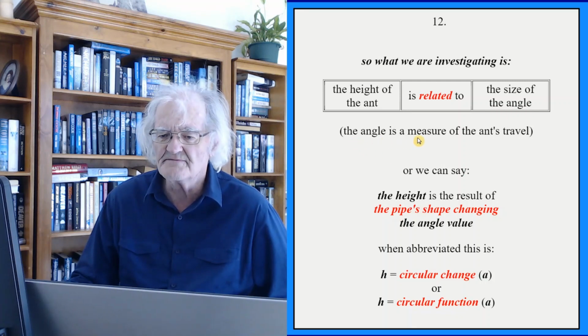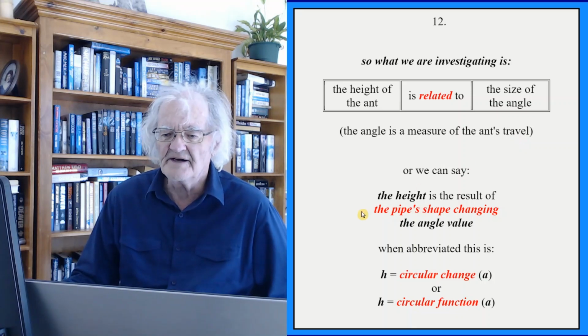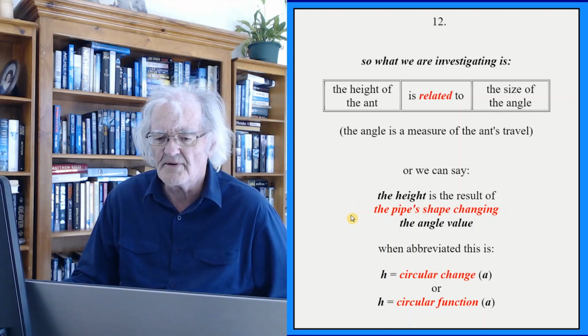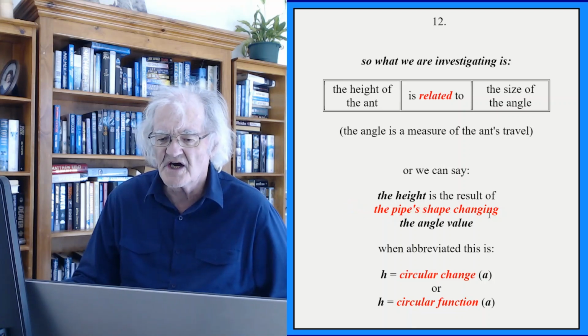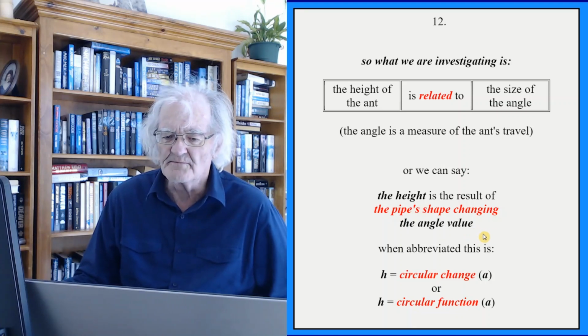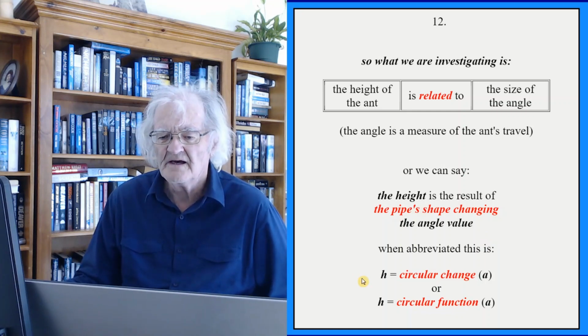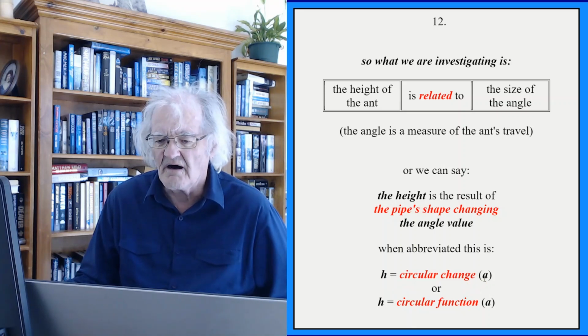The angle is a measure of the ant's travel. The height is the result of the pipe's shape changing the angle value as the ant moves across it. When abbreviated, height is a circular change of the angle, or height is a circular function of the angle.